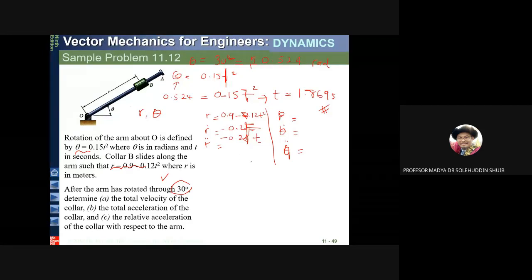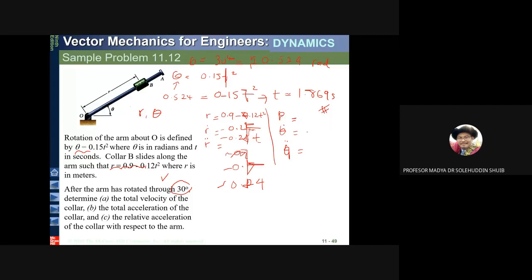Then you differentiate another time, you get minus 0.24. And then for theta, theta is 0.15 t square.